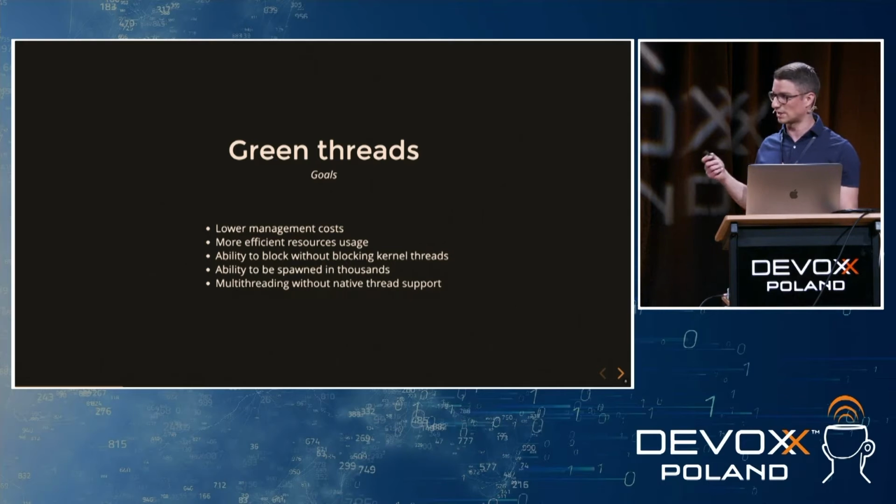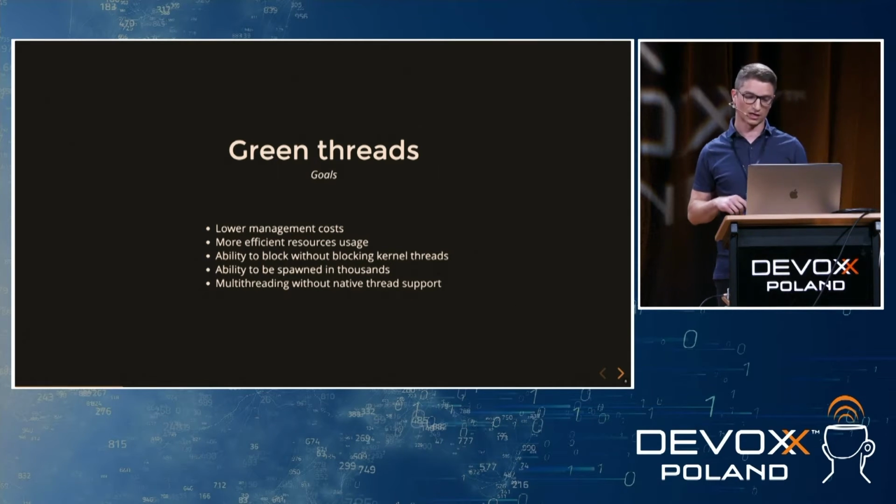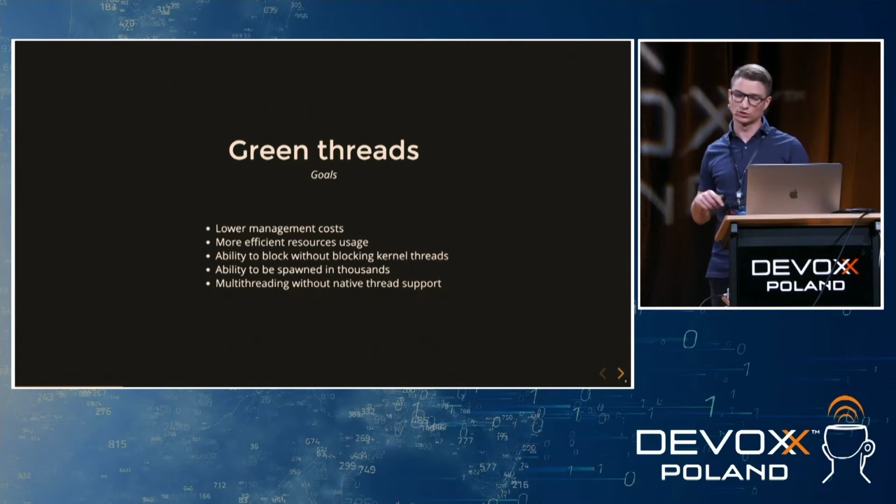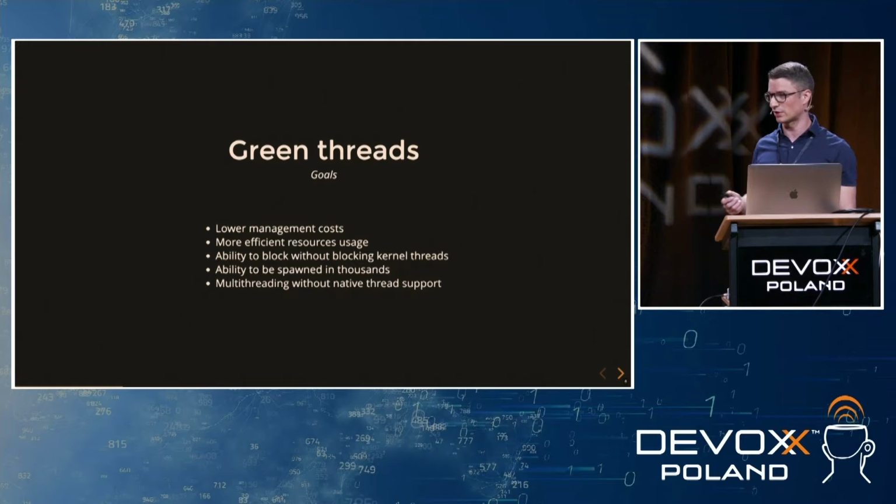So by introducing another level of multithreading, we can lower the costs of thread management because we can make green threads much more lightweight. And since they are much more lightweight and more fine-grained, they are able to use the resources that we have in the hardware in a more precise manner.